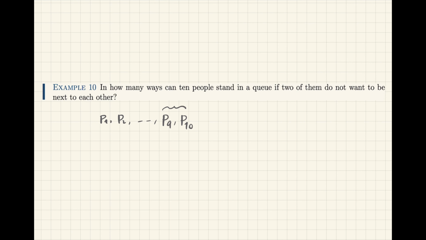If I draw a Venn diagram for you here, assume that this rectangle represents all possible permutations of these people. All possible permutations, I partition them. I'm not saying that this picture is to scale.